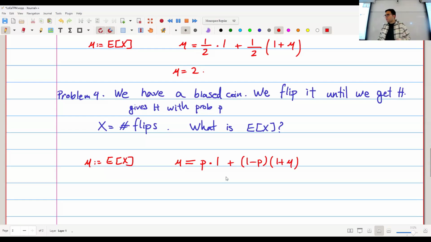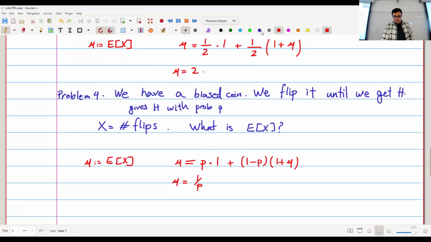Because my first flip is going to be tails, and then I expect to have another mu flips in order to get it. Again, linear equation, solve for mu, you'll get that mu is 1 over P. Or just replace mu with 1 over P, and you'll see that we have equality. Great.